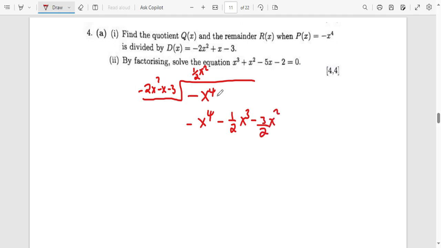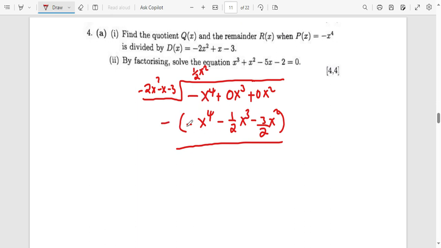When you do this, just add numbers here to maintain the values. This is having power 3, so add 0 x to the power 3. That is power 2, so add 0 x to the power 2 so that you can work with these well. And then at this point, subtract.